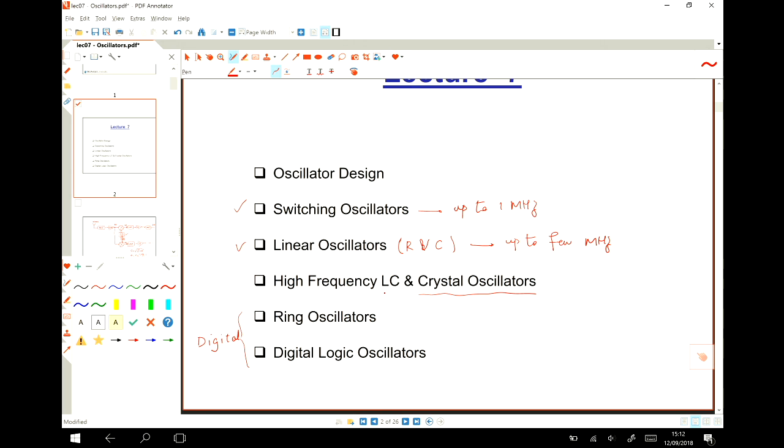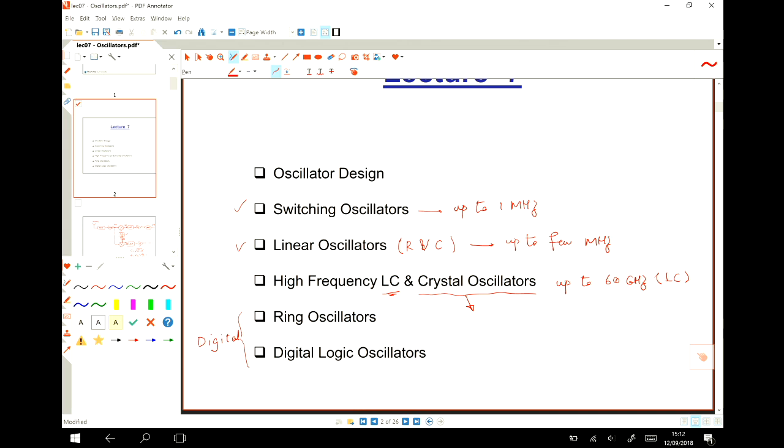But the LC oscillators, I mean, when we are using the L and C, then we are going up to tens of gigahertz. We can make an oscillator up to, I don't know, 60 gigahertz for the LC oscillator. And then the crystals, so crystals are very accurate.